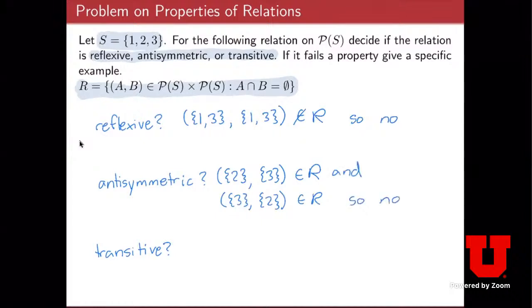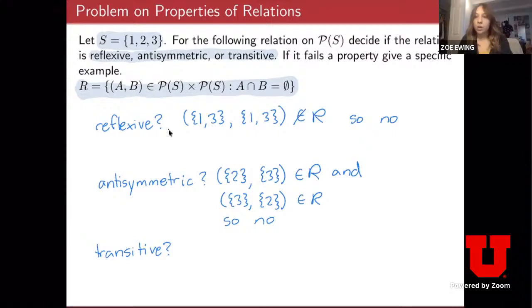Sorry, I have a question about this one. For the antisymmetric, does A need to be not equal to B, or can they be the same? Can you give me an example of what you mean?